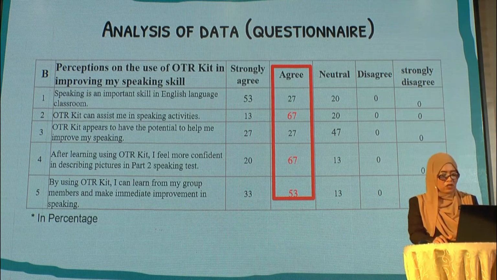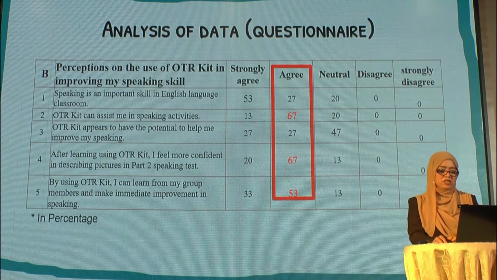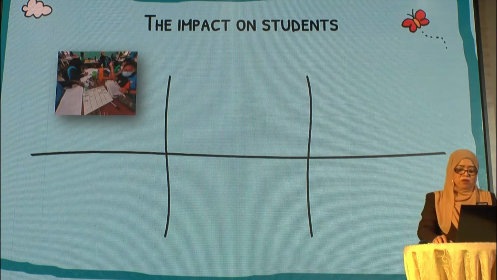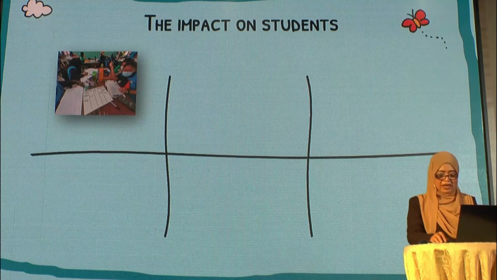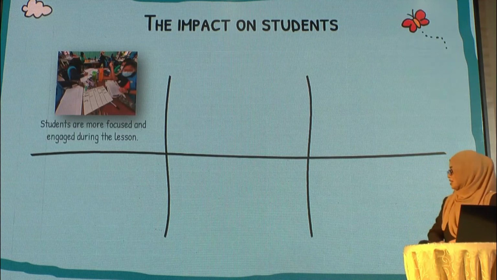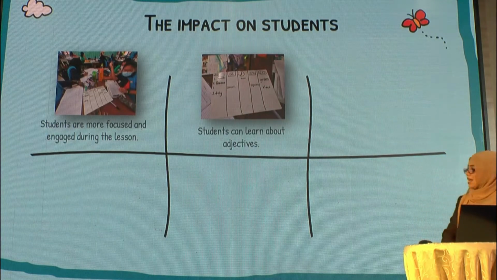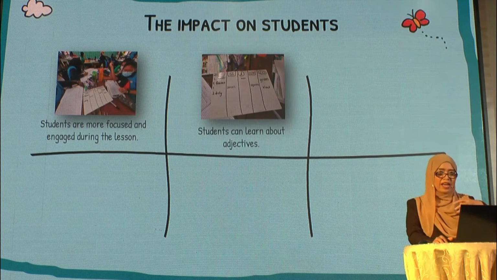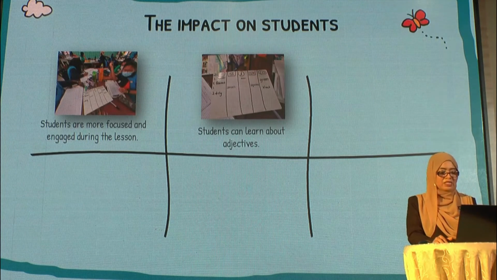So now let us look at the impact that this kit has on my students. The first impact is that when we are doing this in groups, we can actually control the class. So the class will be more focused and engaged during the lesson. Next, students can learn about adjectives, because some of the students may not have the idea of how to improve the sentences, how to make the sentences longer.